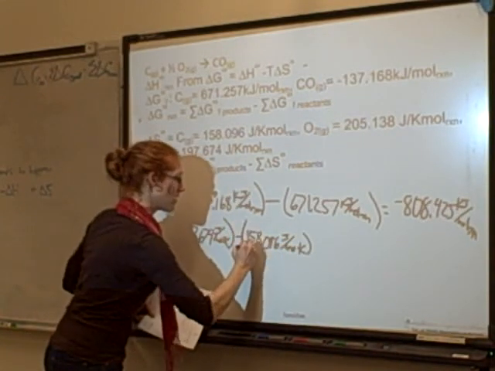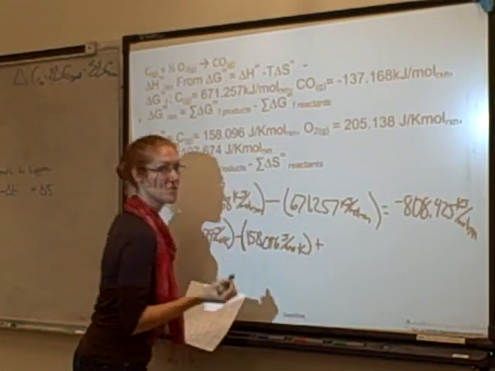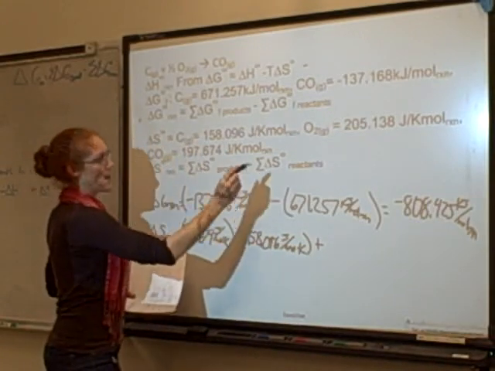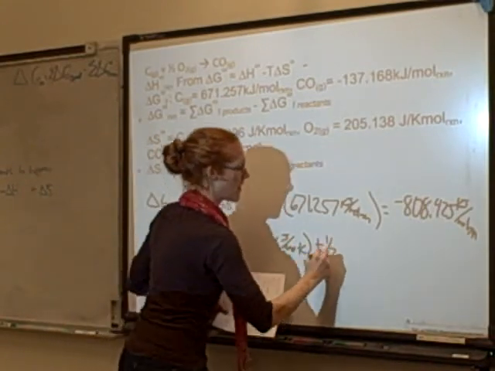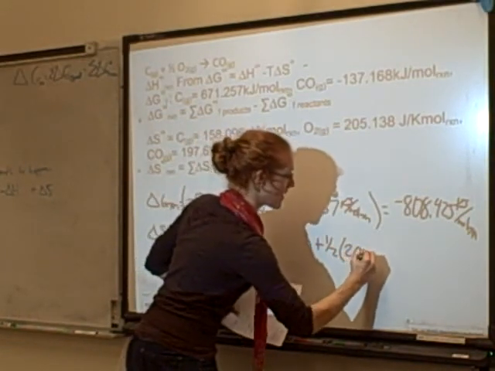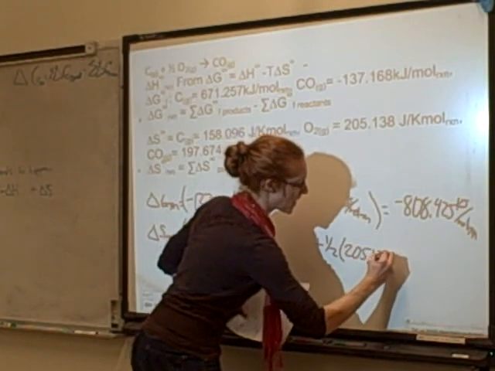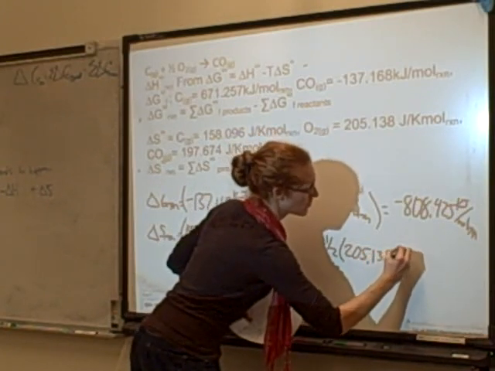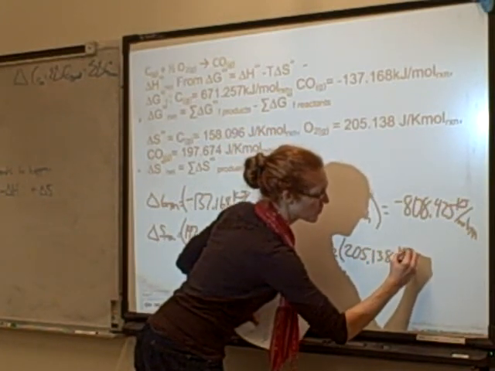Okay. Plus, put in a double parenthesis, plus 1/2 of a mole of the oxygen. So 1/2 of the entropy of oxygen is 1/2 times 205.138 joules per mole Kelvin.